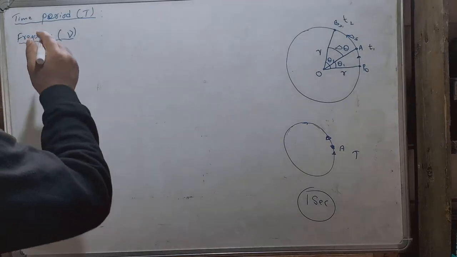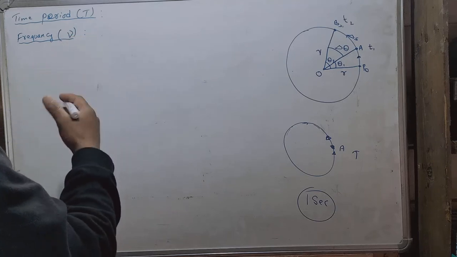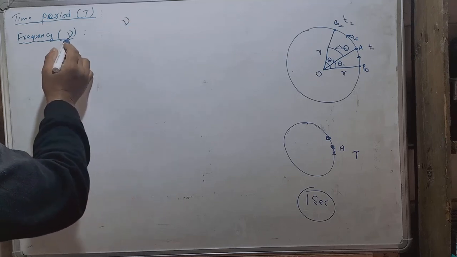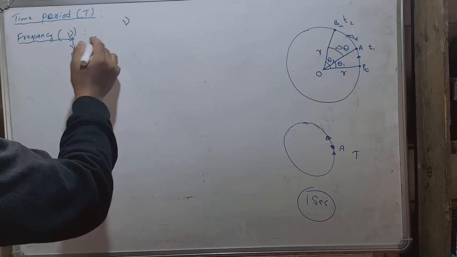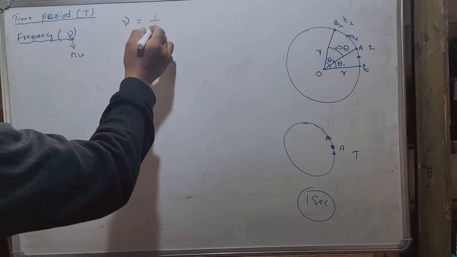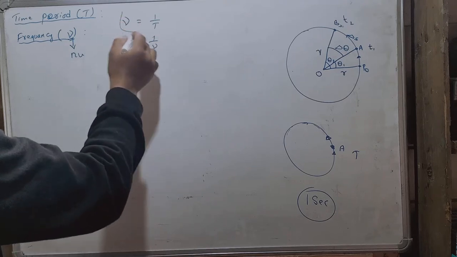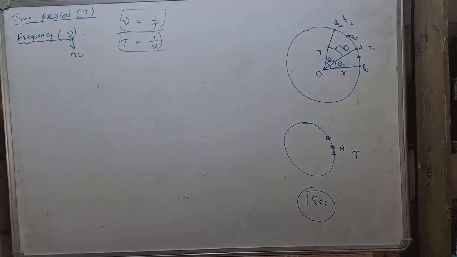So frequency and time period are reciprocal to each other. Therefore the frequency, denoted by the Greek symbol nu, equals 1 upon T, or T equals 1 upon nu. So this is the relation between time period and frequency.